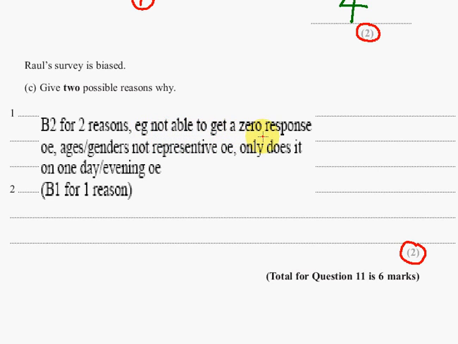Of course, if he's just taken that from one night of his restaurant, everyone in there is going to a restaurant. So if you don't go to a restaurant, you wouldn't be in there, so you can't get a 0 response. Ages and genders not representative. Only does it on one day or one evening. So that makes it biased if it only does it on one day, one evening. There's your 2 marks, and that's it.